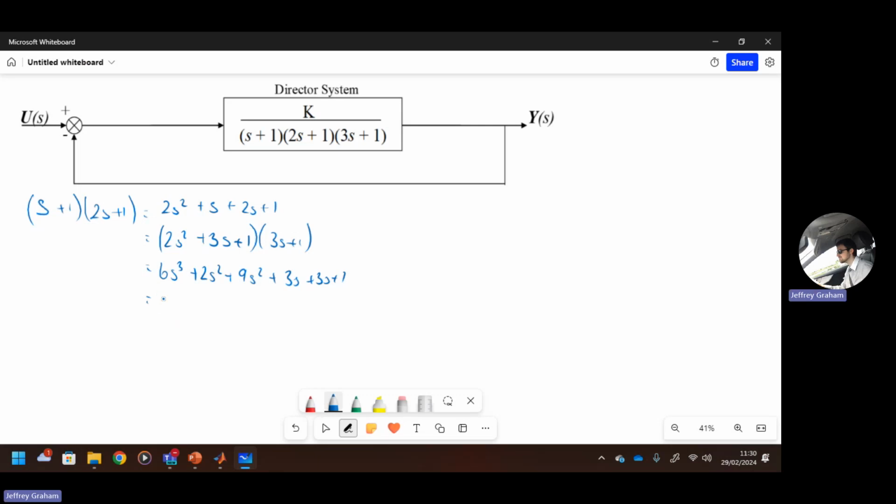Right, so the denominator simplifies to 6s cubed, 11s squared, 6s plus 1.